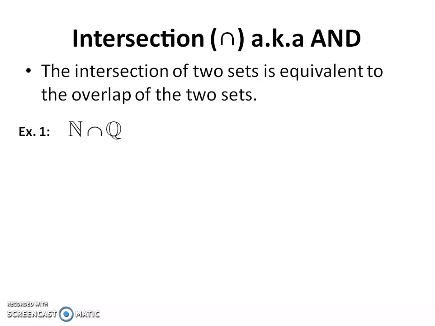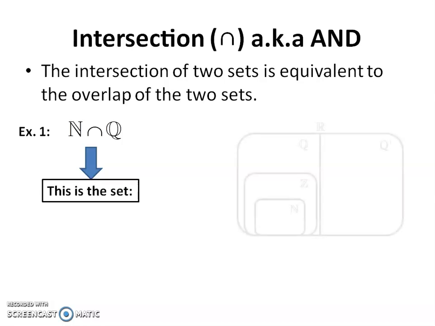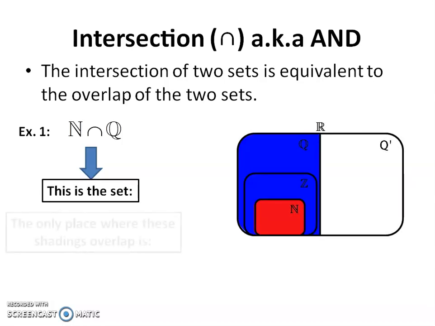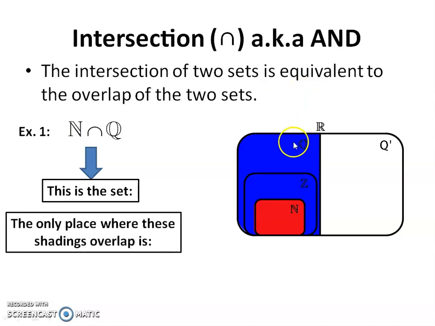So, for instance, N intersection Q is the place where N and Q overlap. It's the place that's colored by both of these at the same time, and the only place that is both blue and red, the place that's both overlapped, is this spot here. It's the part that was red, because that red is entirely within the blue. That is the only overlap region.